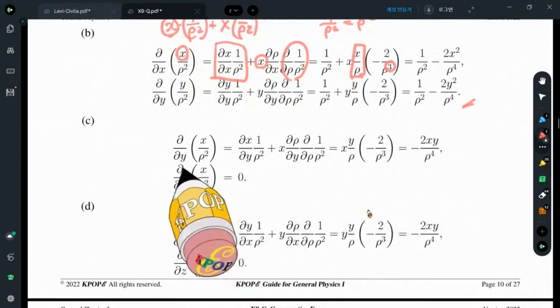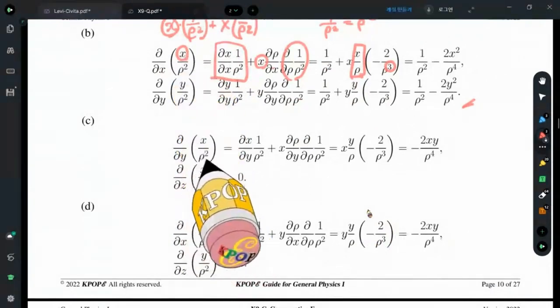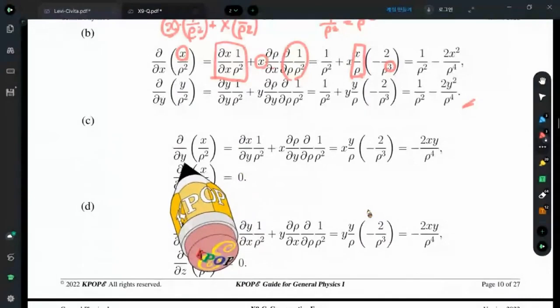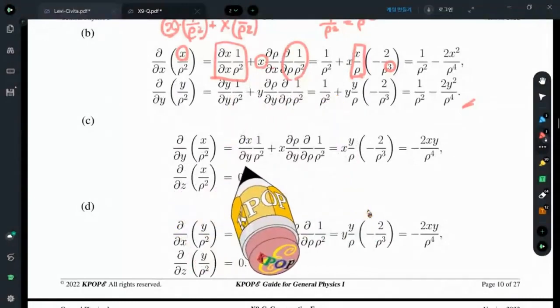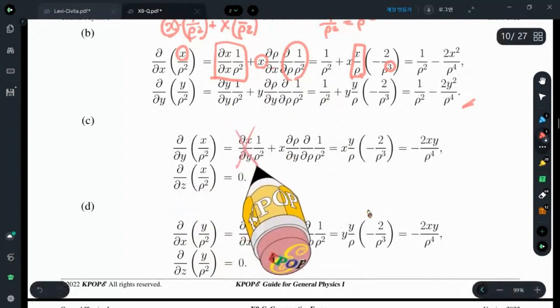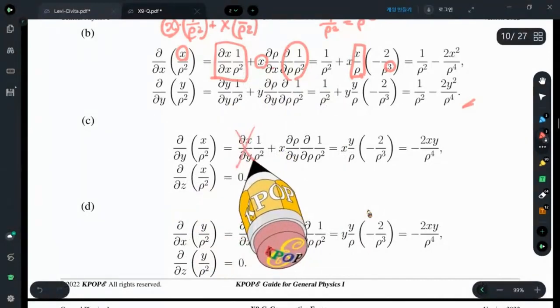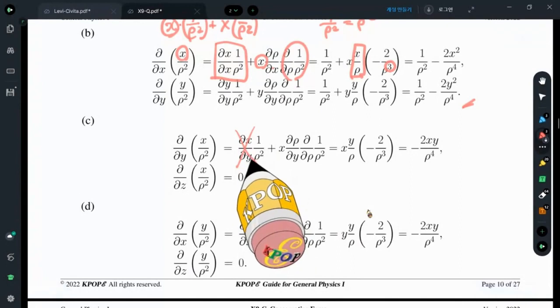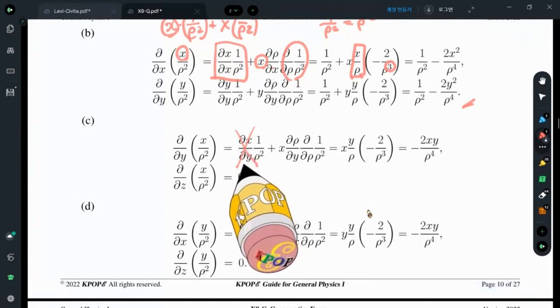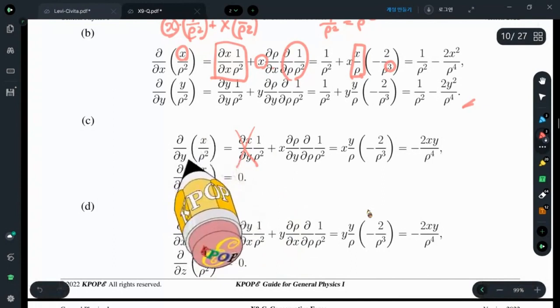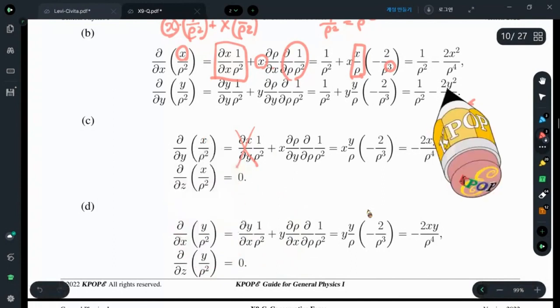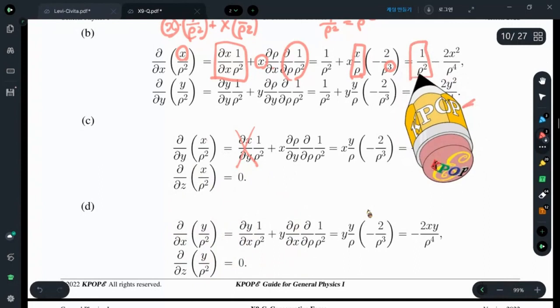Again, we can find the derivative of y, and you apply the same rule, but this one vanishes. We do not have a contribution from the y partial derivative. Therefore, it is a mixed case, the xy case. We do not have the first term.